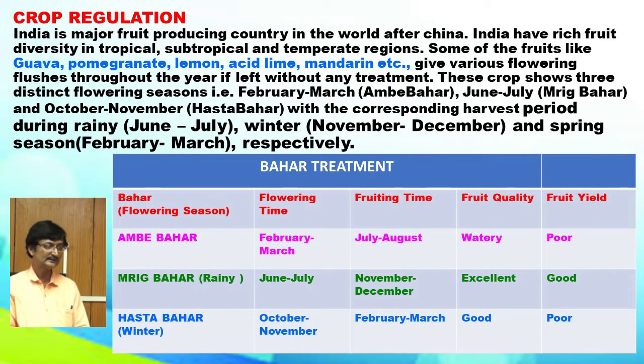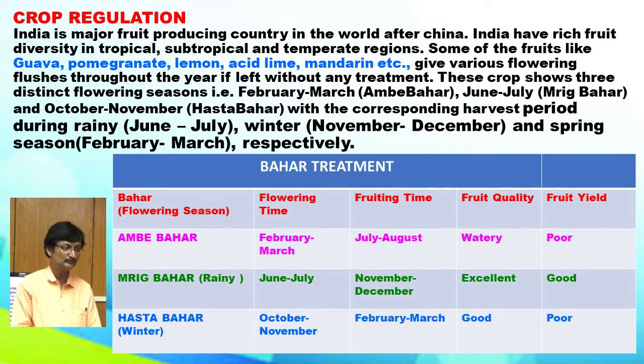India is the major fruit producing country in the world after China. India has rich fruit diversity in tropical, subtropical and temperate regions. Some of the fruits like guava, pomegranate, lemon, acid lime, mandarin, etc. give various flowering flushes throughout the year if left without any treatment.